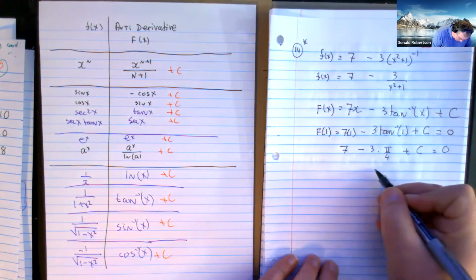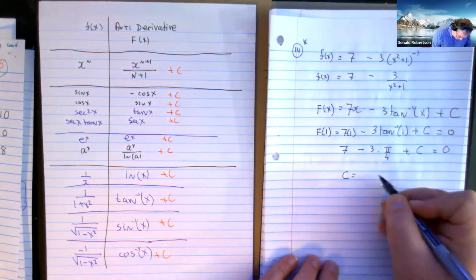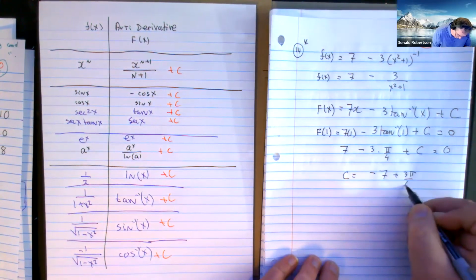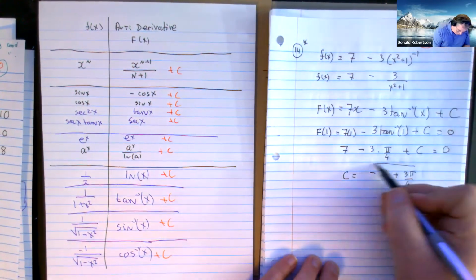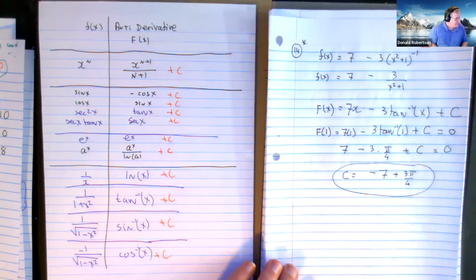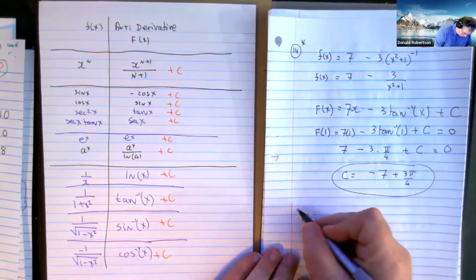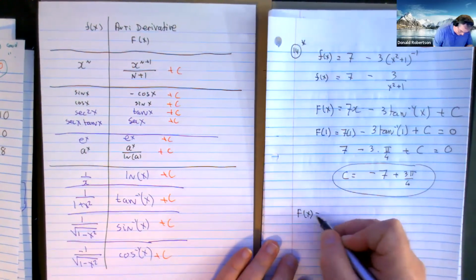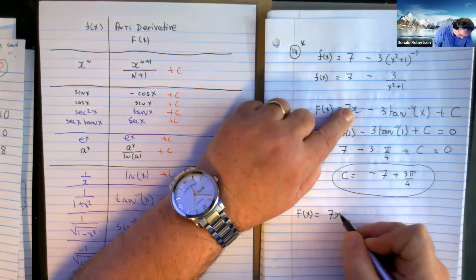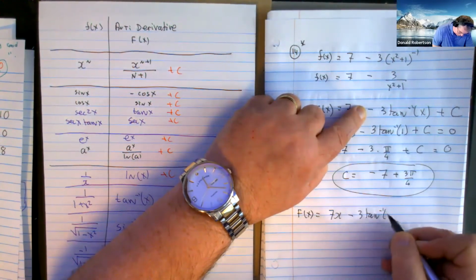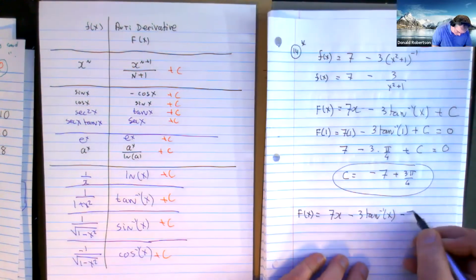And that makes, I'll put it over here. If you take 7 away from both sides and add that guy, you now know c. It's not a very pretty answer, right? But it's a number, right? It is a value. So our final answer is 7x, take away 3 inverse tan of x, plus c.